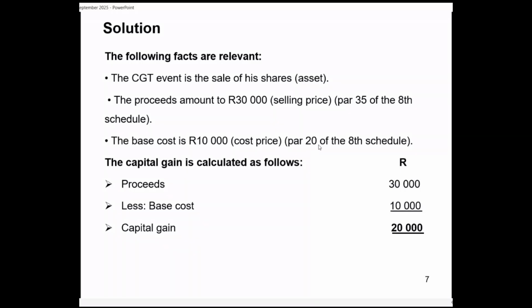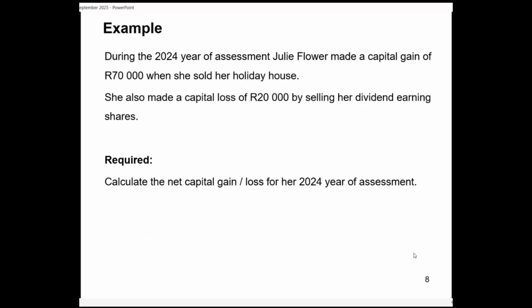If you want to read more, you can refer to paragraph 20 of the 8th Schedule for base cost, and paragraph 35 of the 8th Schedule for proceeds. So you take the proceeds of 30,000 less the base cost, and you get to the capital gain of 20,000.